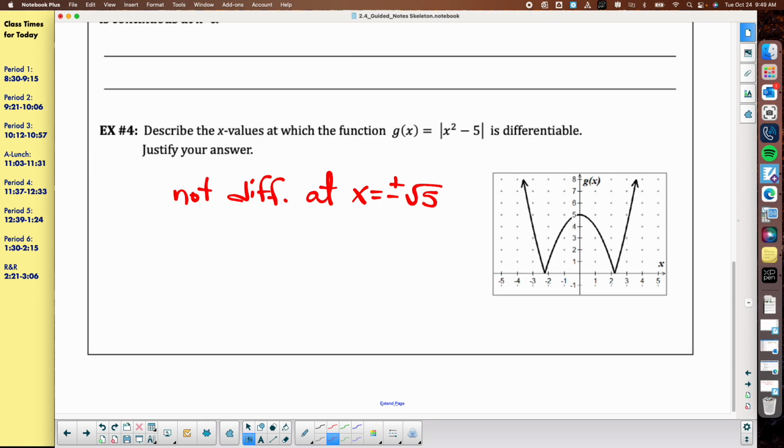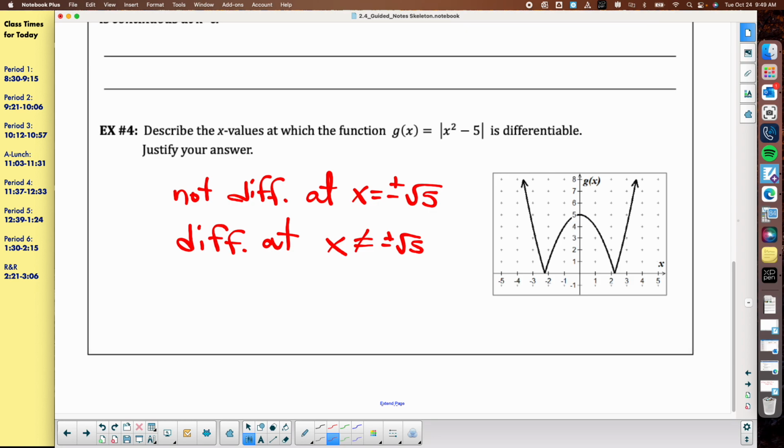So if we want the quick way, which is exactly what you were trying to answer, the quick way of saying where it is differentiable, then we can say x not equal to plus and minus square root of 5. That would be the quick way of saying everywhere but those two.